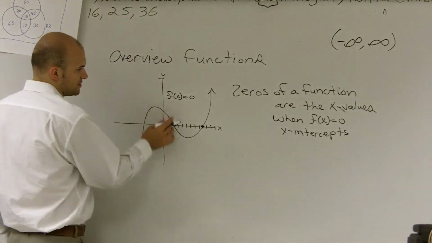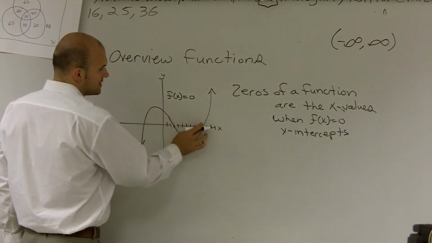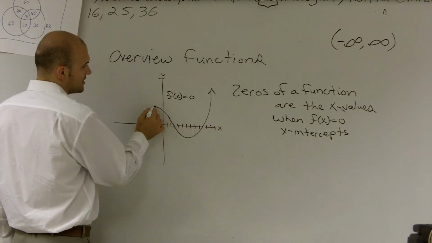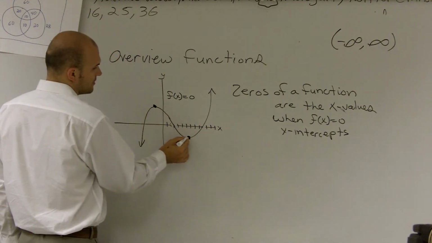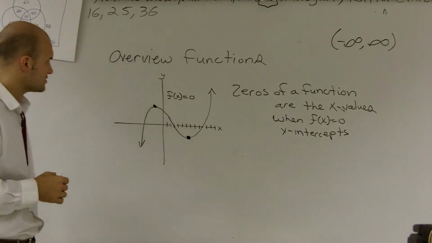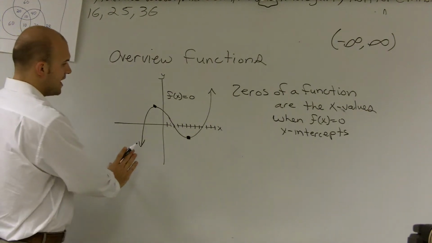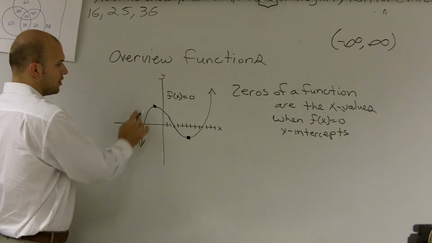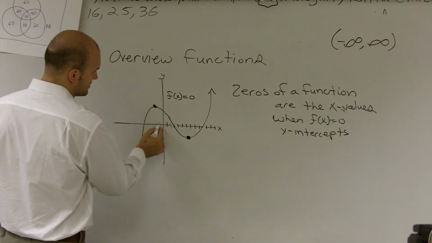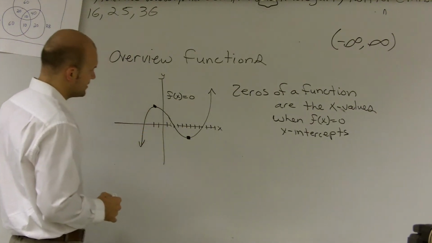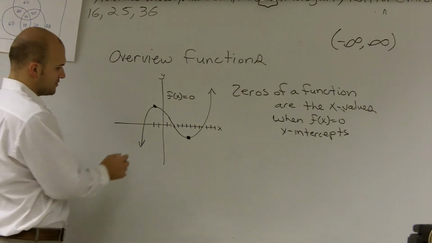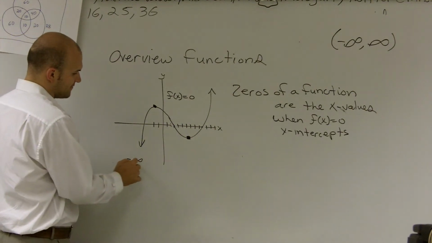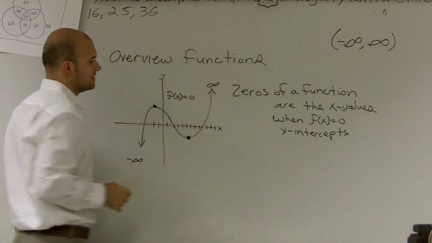Another thing we want to look into when we're dealing with functions is increasing and decreasing. We notice this graph is increasing on an interval all the way over to here. I'm going to give you a rough estimate of where my points are. We can say this goes down to negative infinity and this goes up to infinity.